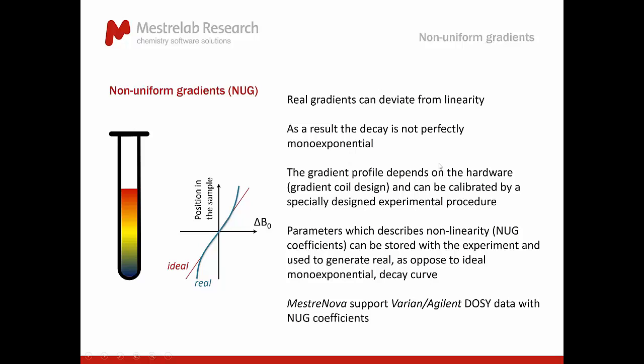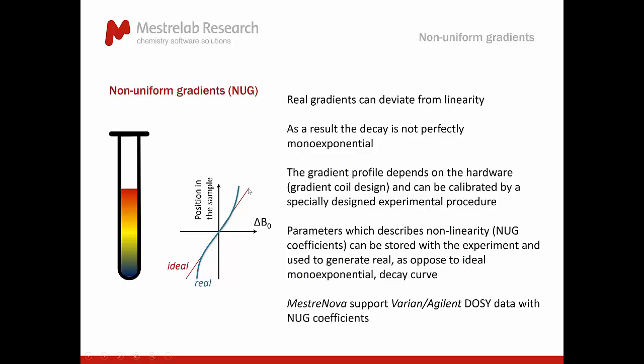Right, so another interesting feature which we have in the DOSY package is support for non-uniform gradients. So what are non-uniform gradients? As I said in one of the earlier slides, we apply magnetic field gradients to mark our molecules in the solution. And usually we assume that the magnetic field inside our tube is changing linearly as a function of position, right?